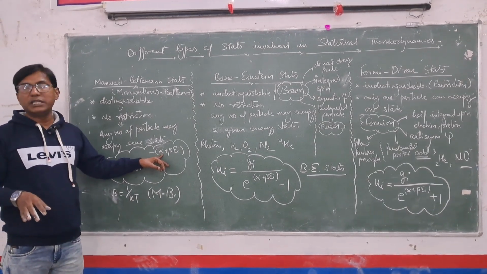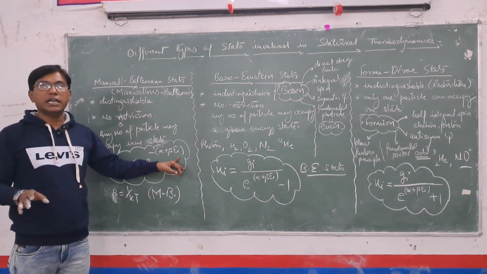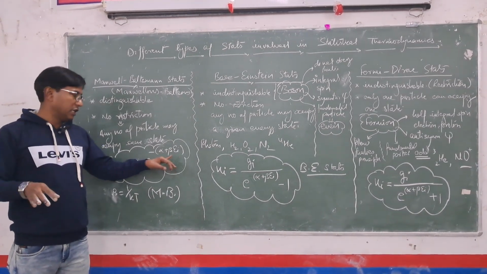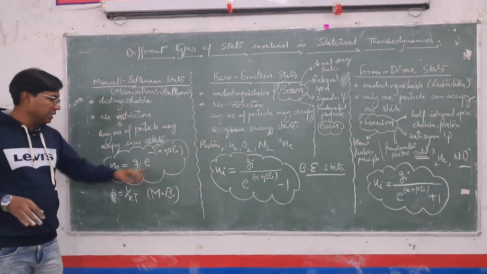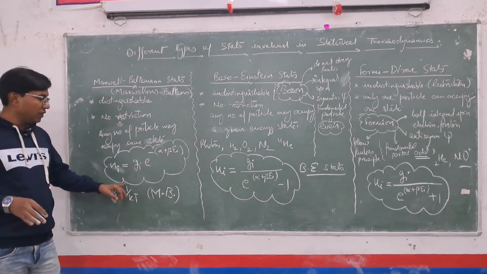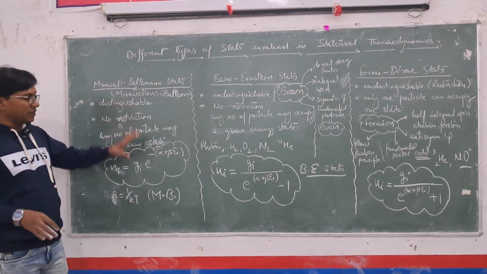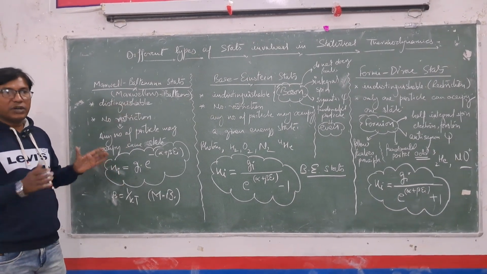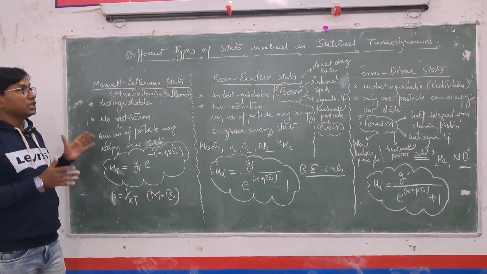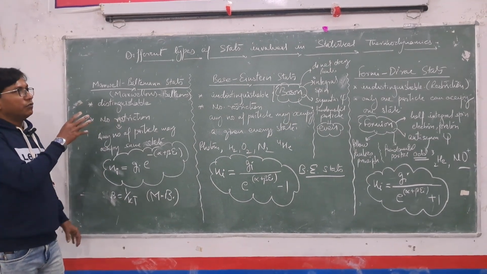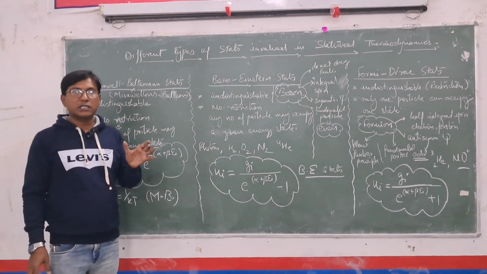Then alpha and beta are the constants. Ei is the energy of the ith energy level. Where beta is equal to 1 upon kT, where k is the Boltzmann constant. So this type of statistics is the first class of stats which we study in statistical thermodynamics.